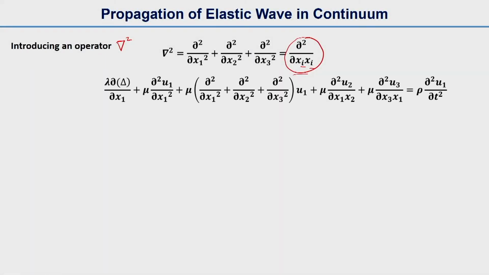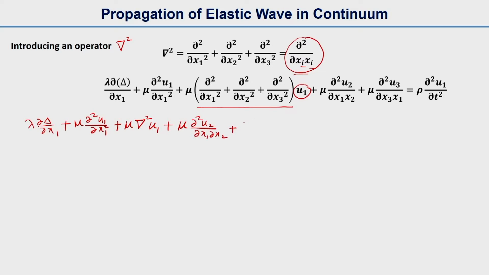So if we use the nabla operator in this part, what it will give is lambda times the partial of delta with respect to x1, plus mu times the double partial of u1 with respect to x1, and then mu times the operator with u1, plus mu times the double partial of u2 with respect to x1 x2, plus mu times the double partial of u3 with respect to x3 and x1, which will be equal to density times the double partial of u1 with respect to t.